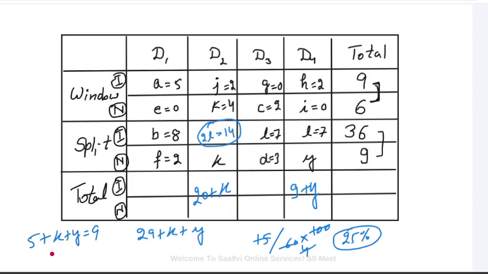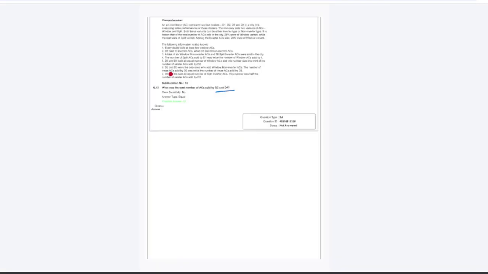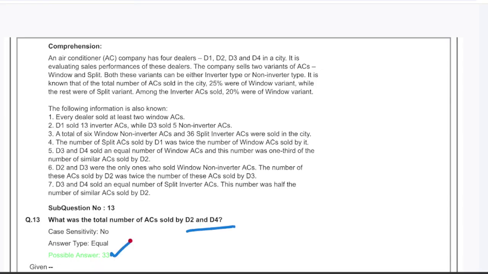That means X plus Y equal to 4. That means 29 plus 4, the answer is going to be 33. So the answer will be 33 here.